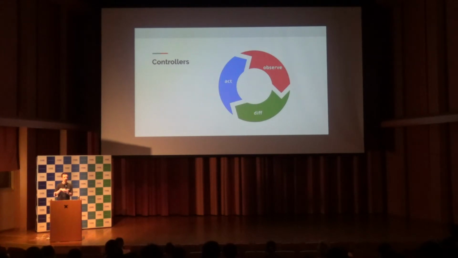And if those differ in some way, it will act in order to make the desired state and the actual state equal. So if the desired state is I want 3 instances of my application running, and it looks at the state of the cluster and there are 2 application instances running right now, it will add 1 new application instance.